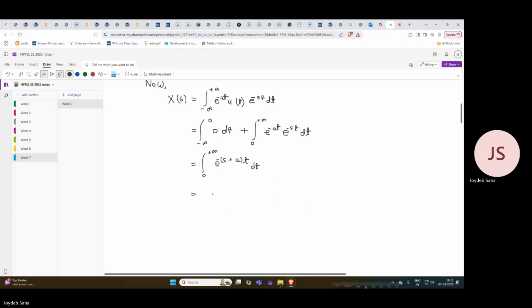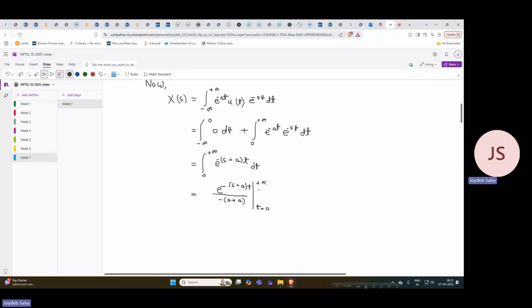It is e to the power minus (s plus a)t upon minus (s plus a), with t going from 0 to plus infinite.